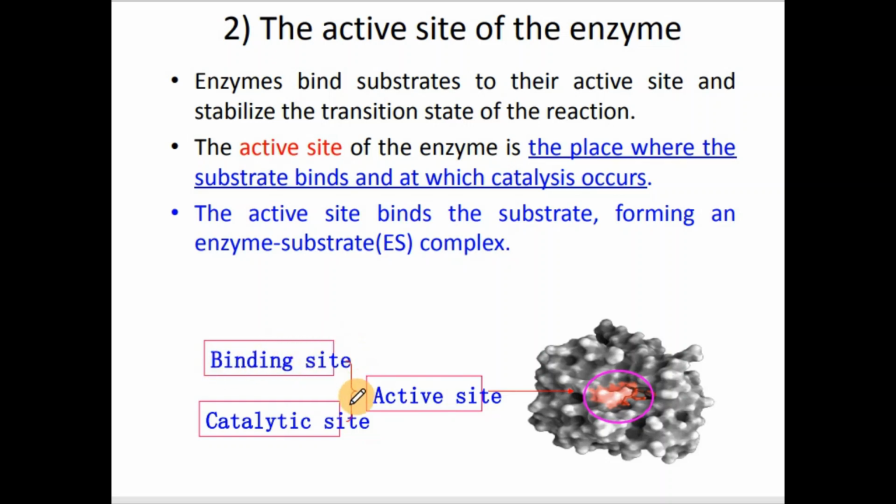Then we have the catalytic site where the substrate is broken down to form the product. Now the active site of the enzyme is the place where the substrate binds and at which the catalysis occurs. Now when the enzyme binds the substrate, they form what we call an enzyme substrate complex. Before this complex is broken down to the products and the free enzyme.